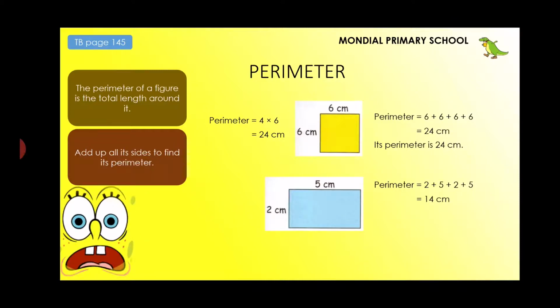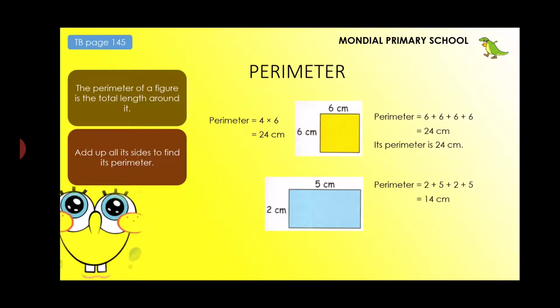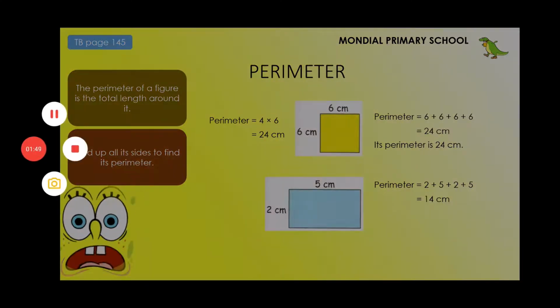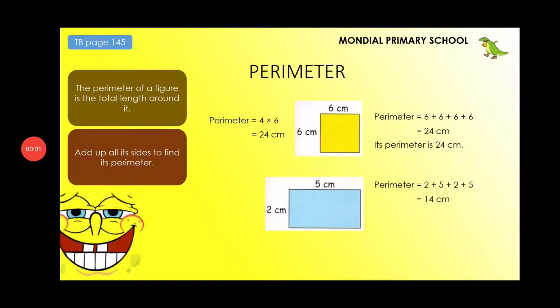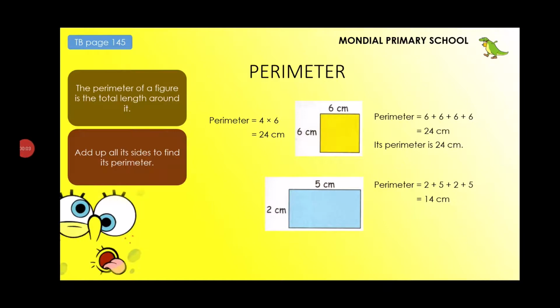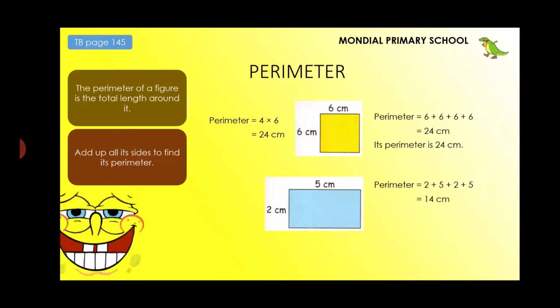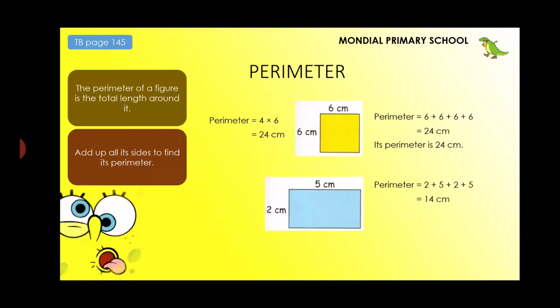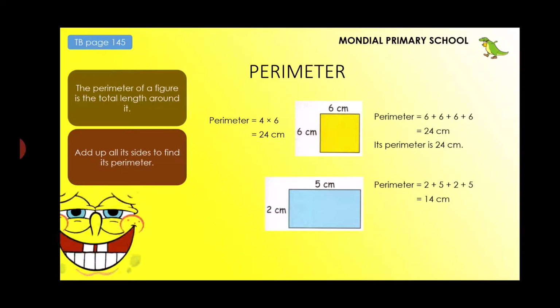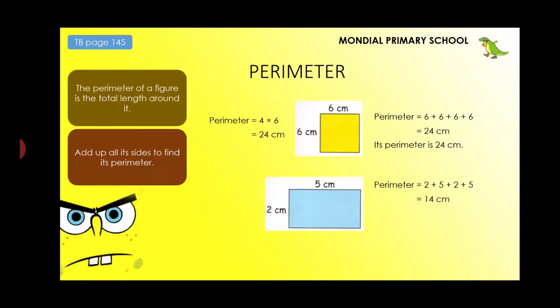Yes! The rectangle has 2 longer sides, which are equal, and 2 shorter sides, which are also equal.